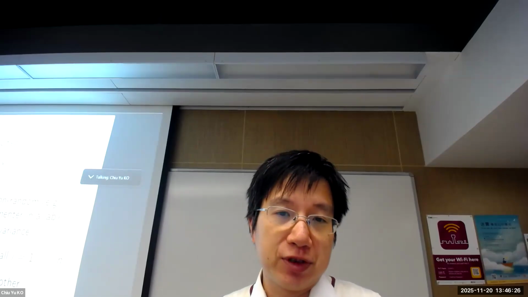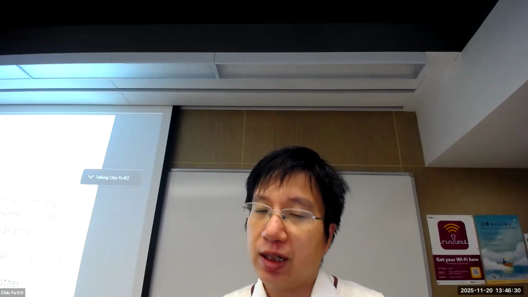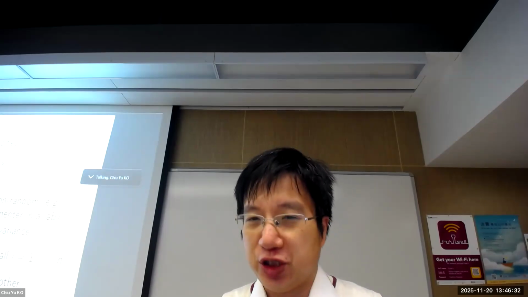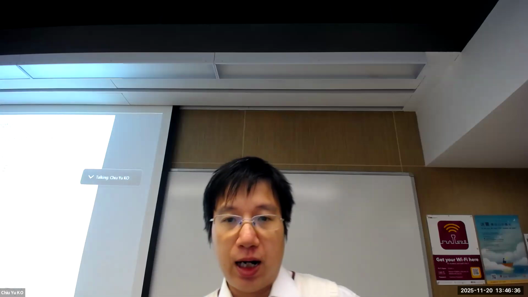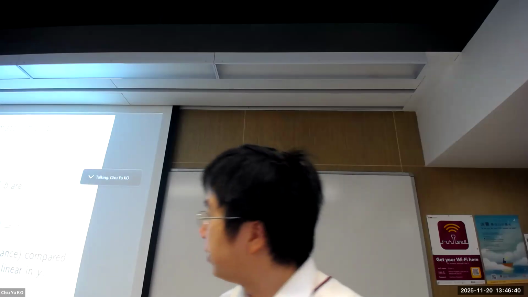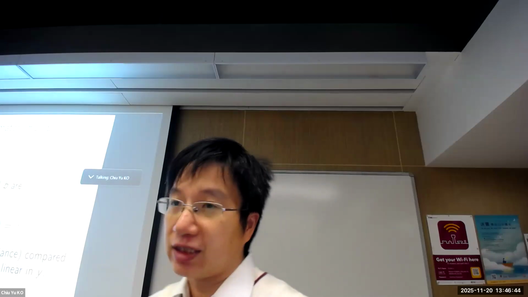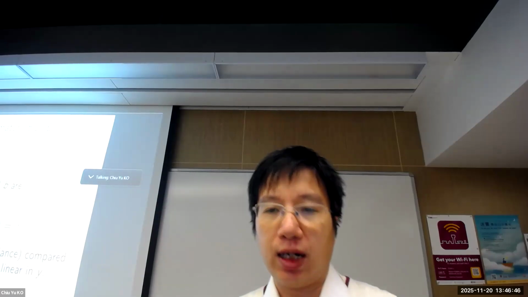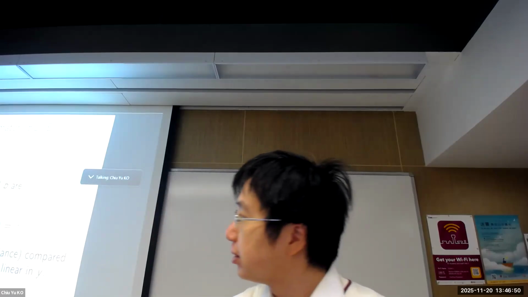Under this classical assumption, and particularly the first one, which is most important because it tells us how x and y are generated, our A and B defined by the least squares method have a nice property: they are unbiased estimators and also efficient to some extent. That's called the best linear unbiased estimator.